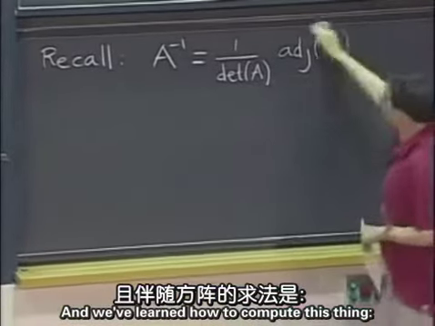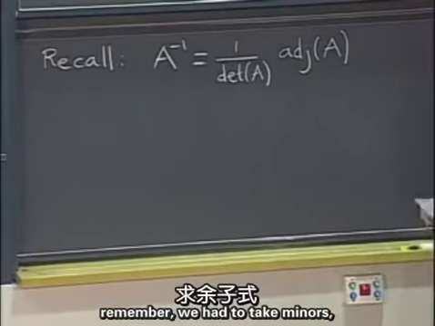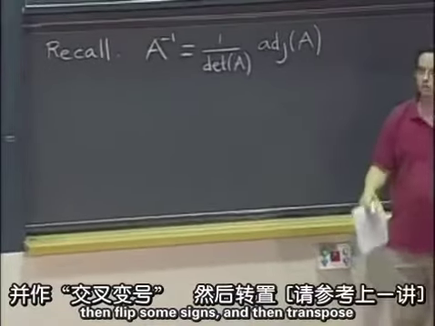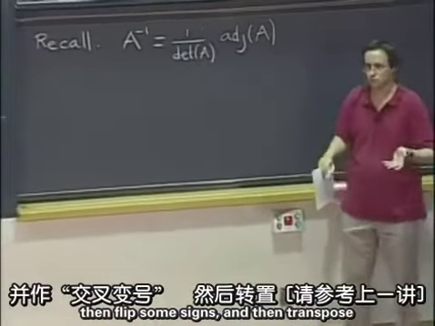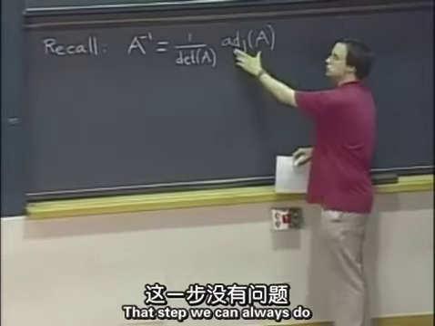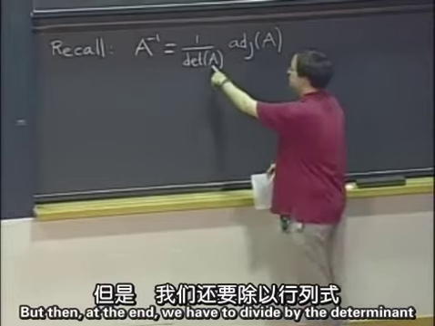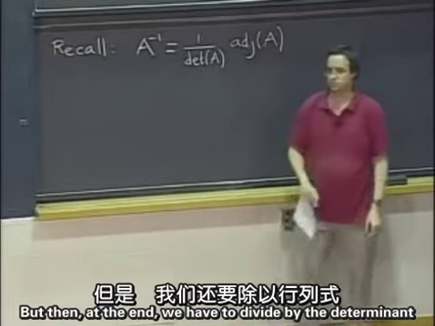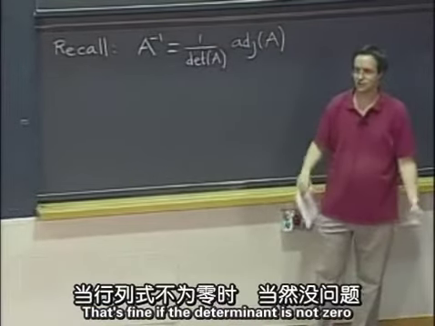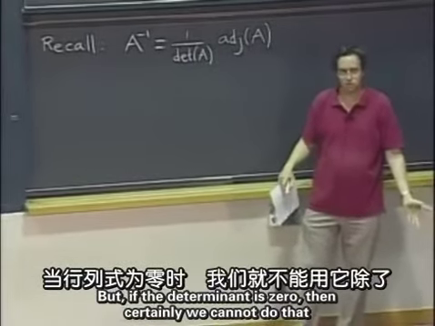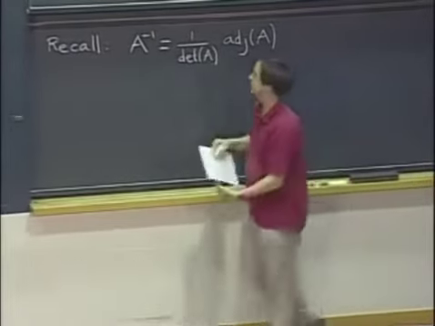And we've learned how to compute this thing. Remember, we had to take minors, then flip some signs, and then transpose. Well, that step we can always do. We can always do these calculations. But then at the end, we have to divide by the determinant. Well, that's fine if the determinant is not 0. But if the determinant is 0, then certainly we cannot do that.